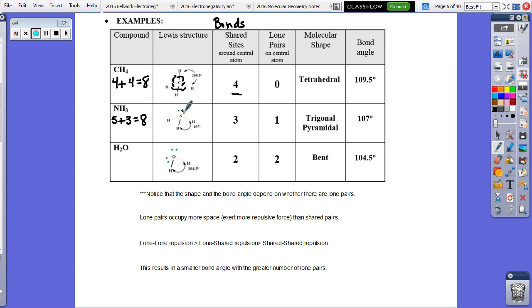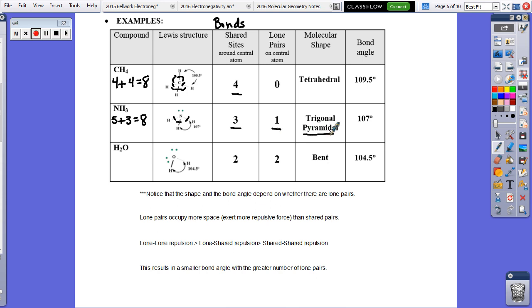Now I'm going to count the bonds and lone pairs around my central atom. I have 1, 2, 3 bonds and 1 lone pair on that central atom. So my combination is 3 bonds and 1 lone pair. When I look on my reference sheet, the combination for 3 bonds and 1 lone pair is a shape called trigonal pyramidal.